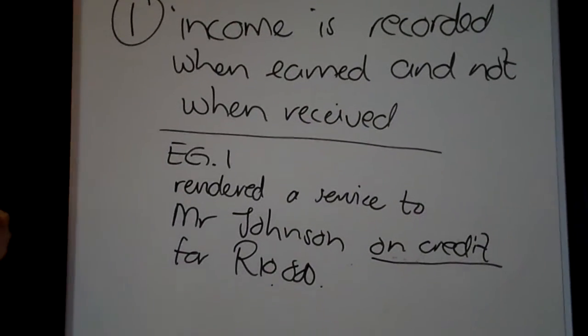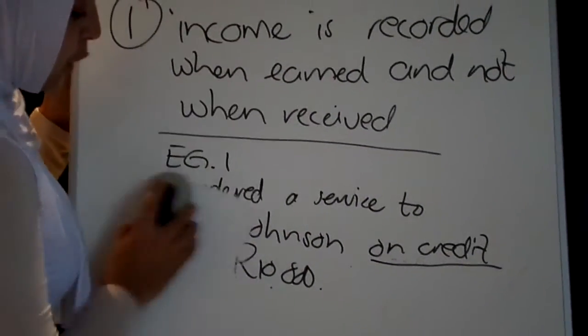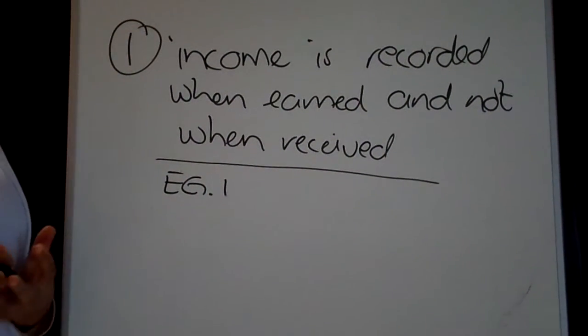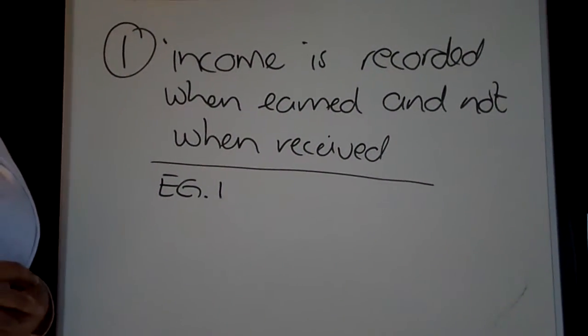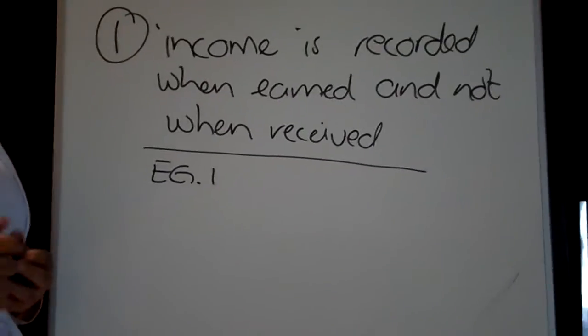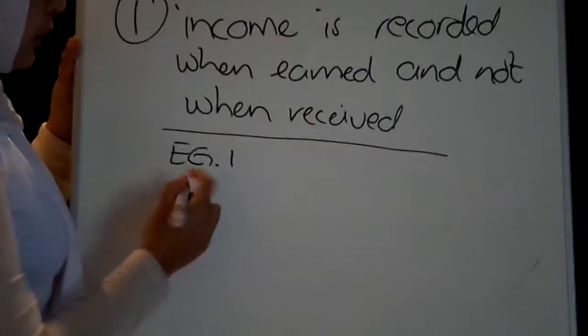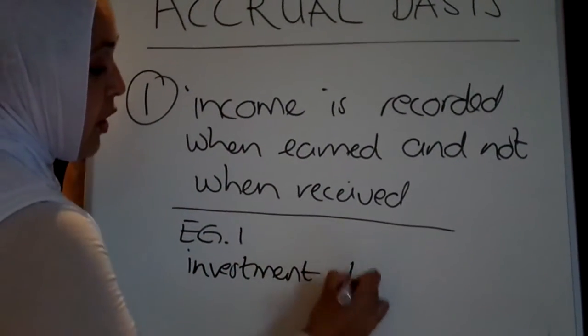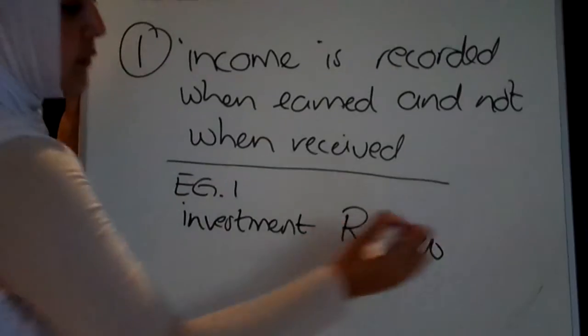Another example of income, or a common one for our module, is interest income. Lots of times on your investments you earn interest and it's not always paid or received on time. So the example could be you had an investment of 10,000 Rand.